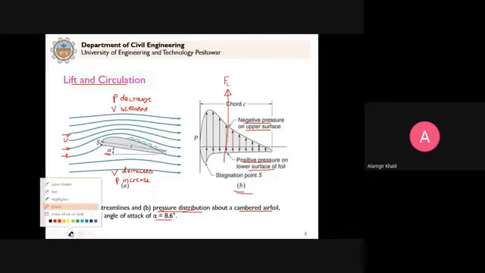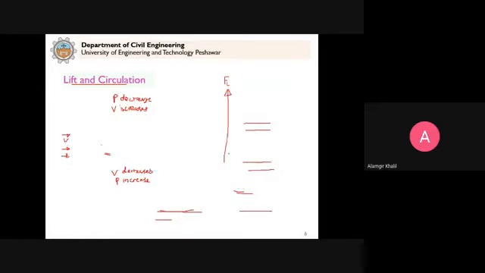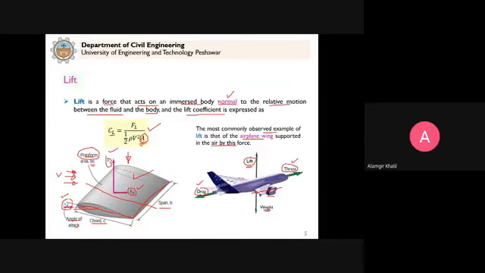Now we know that increased velocity and decreased velocity affect the pressure variation on the top and bottom surfaces, and because we have the pressure difference, a net upward force acts on the body. This explains how the lift force is developed on these bodies.